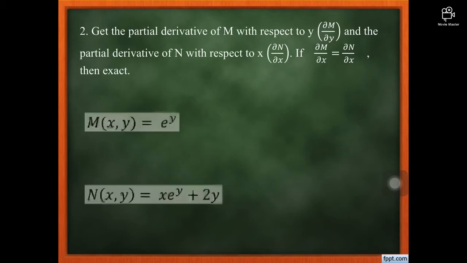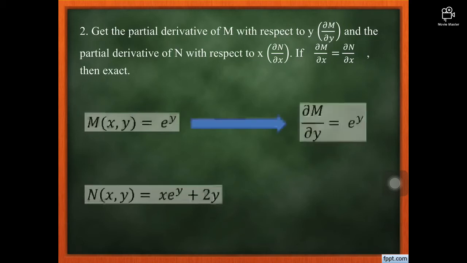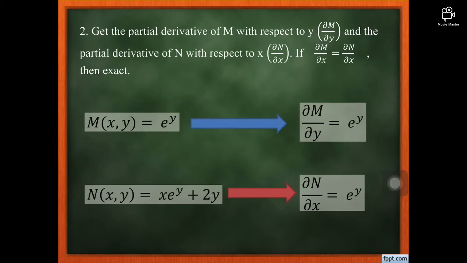Getting the partial derivative of M with respect to y gives us e raised to y, since the derivative of e raised to y is just e raised to y. Then for the function N, we have the partial derivative of N with respect to x.